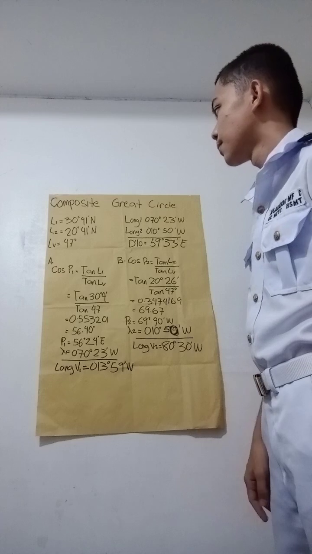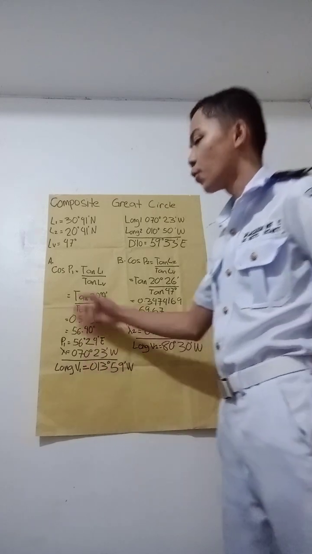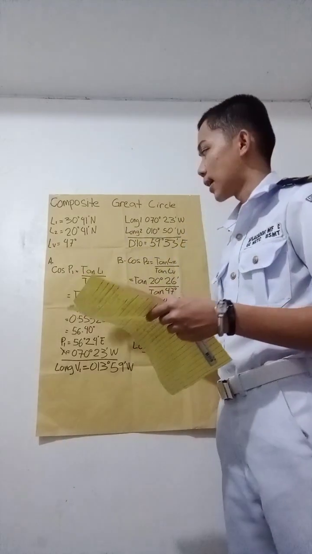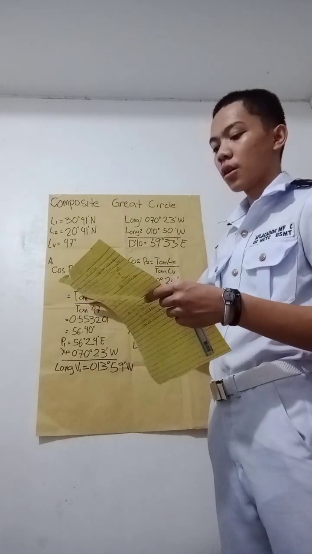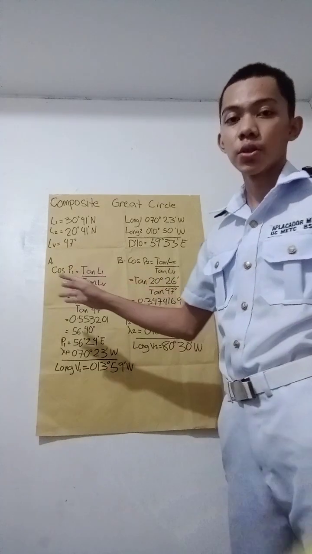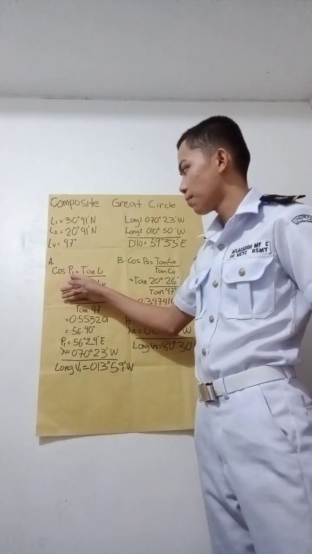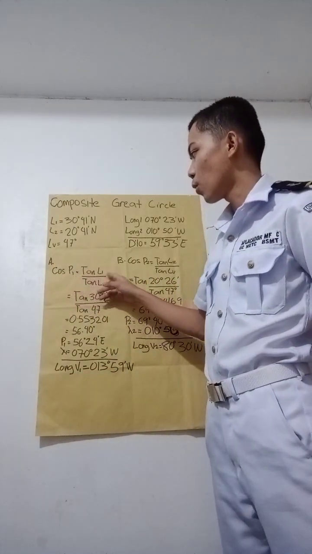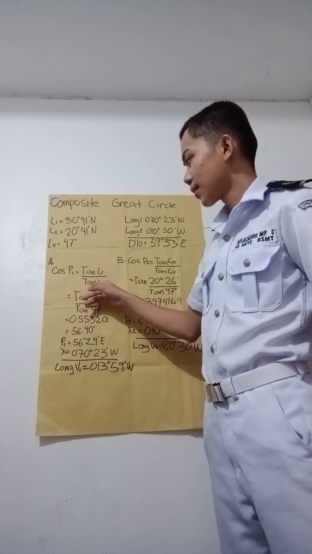First, we're going to find our longitude where the track meets. So our formula is cos P1 equals tan L1 over tan LB.